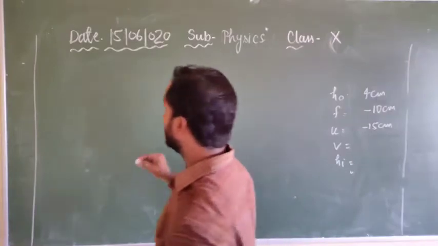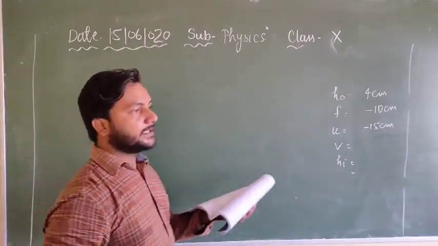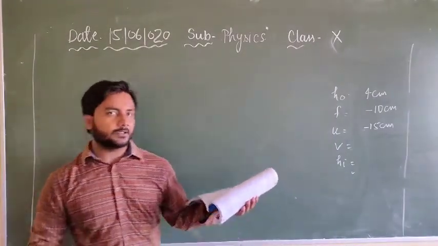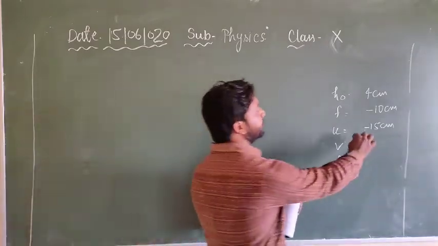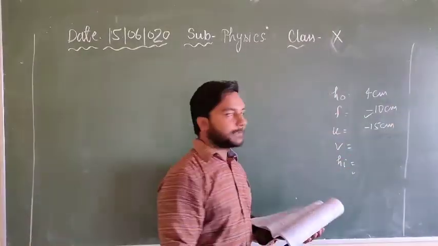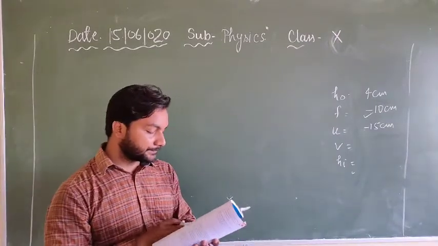This mirror is concave mirror, and we know that in case of concave mirror, the focal length is negative. So that's why I have kept it here negative sign.